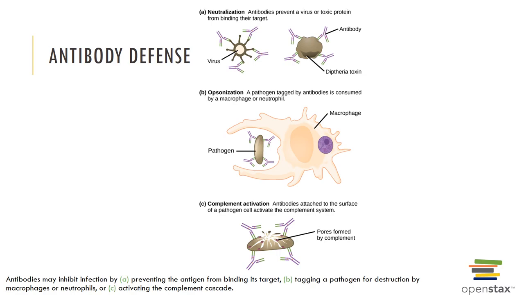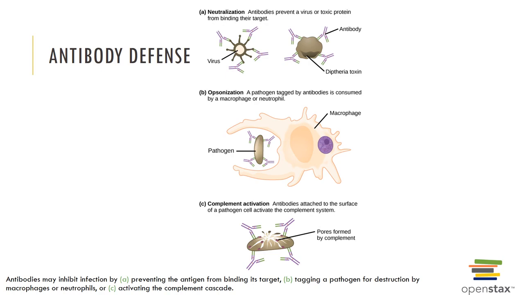Now, the antibody defense mechanisms are shown here. Antibodies use many different mechanisms to destroy antigens. Because each antibody can perform a different function, they are said to be versatile.